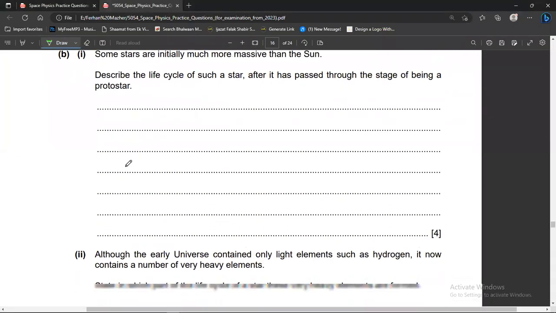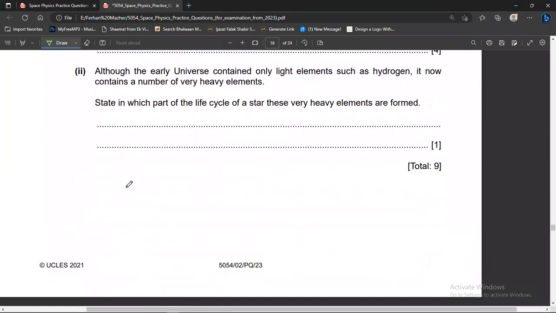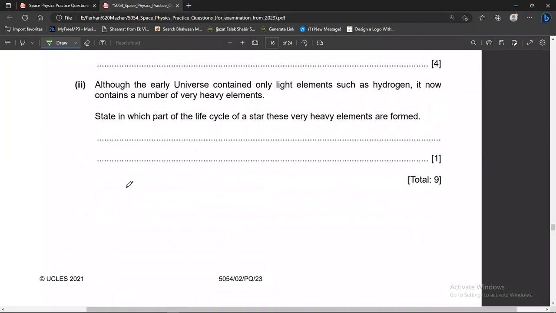This is question number 5B and its second part. It says, although the early universe contained only light elements such as hydrogen, it now contains a number of very heavy elements. State in which part of the life cycle of a star these very heavy elements are formed.